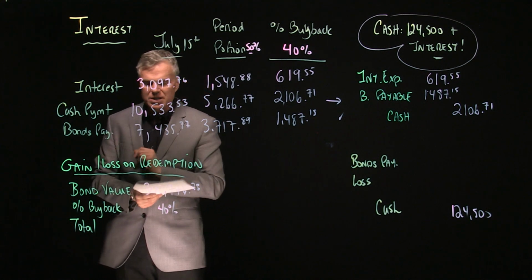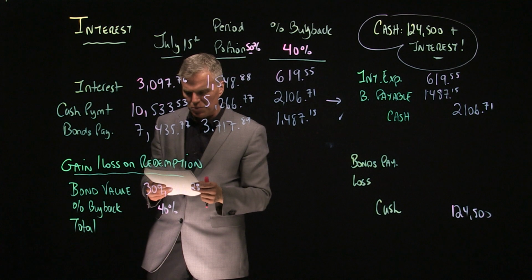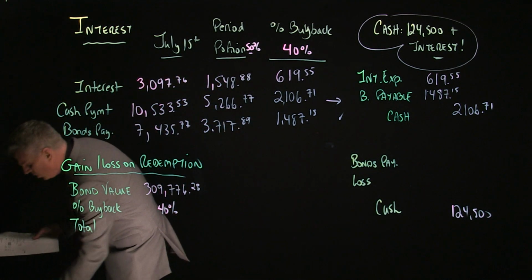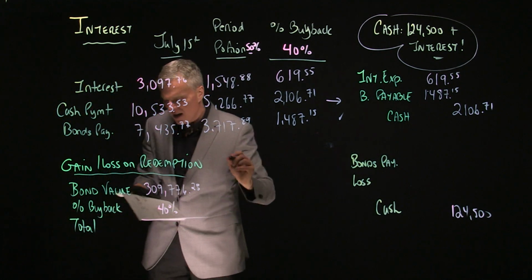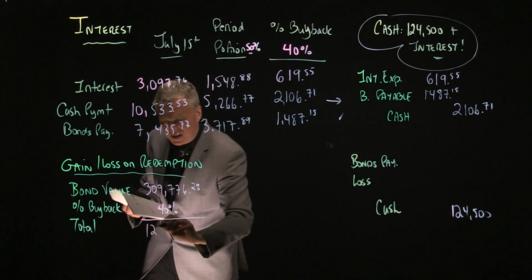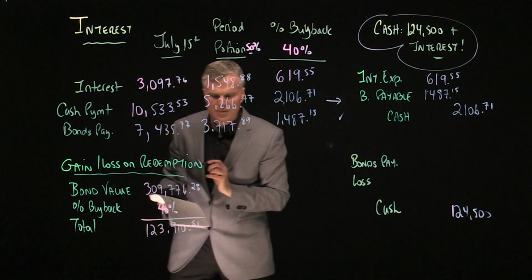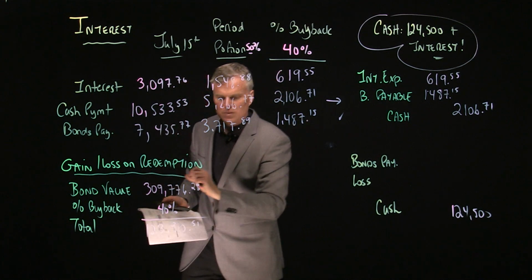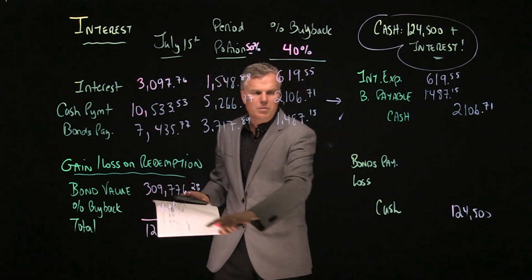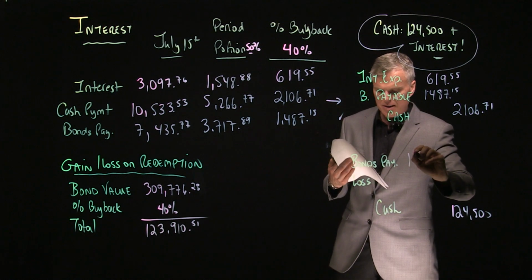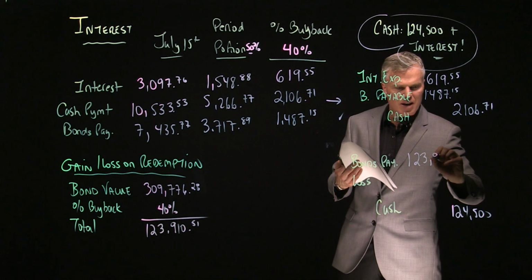I then am going to take 40% as my percentage buyback, and that will give me a total then of 123,910.51. Now, what do I do? I move that over here because that is the value of the bonds that I just redeemed.